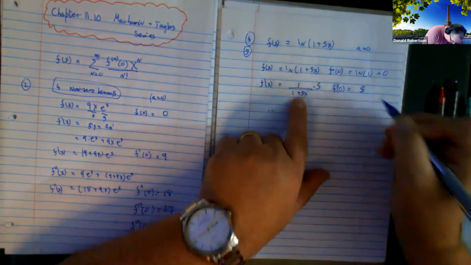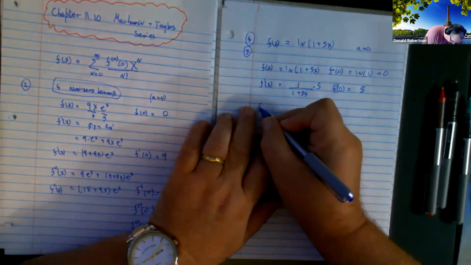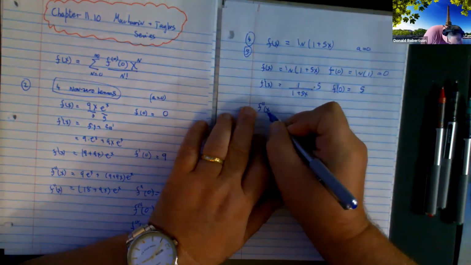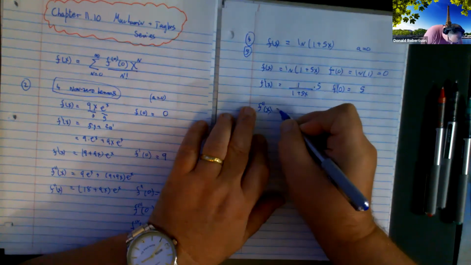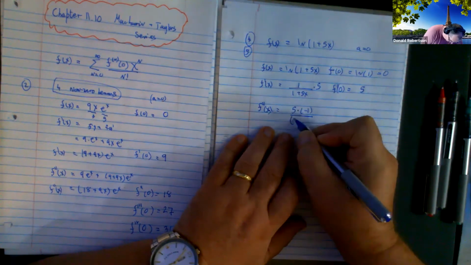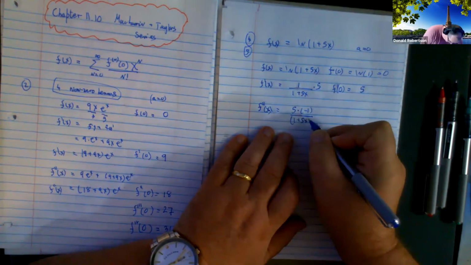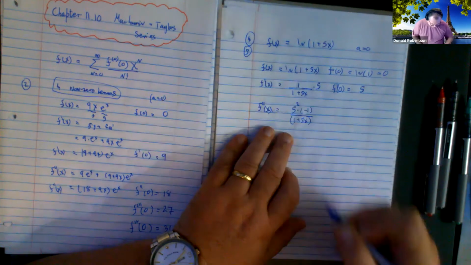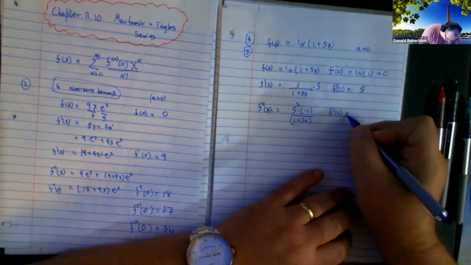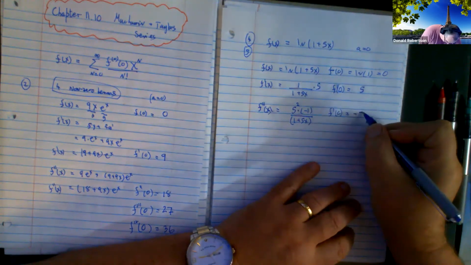That wasn't too bad. Now, if I do the second derivative, if I differentiate this guy, you get 5 times negative 1 over 1 plus 5x times another 5. And you get, I know this is 25, but I'm going to write it as negative 5 squared.